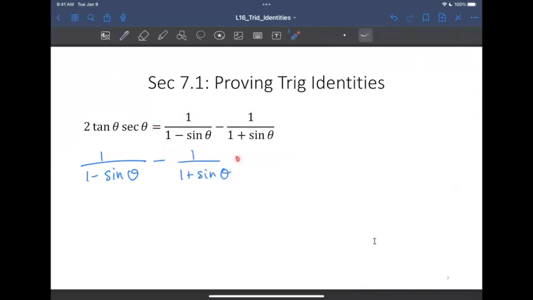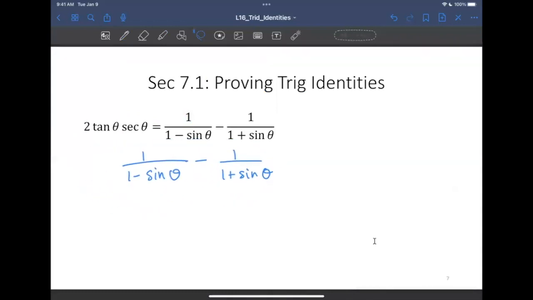So to combine these two expressions, I'm going to have like denominators, and to do that, I'm going to multiply by a special one. You'll see special ones are coming up a lot here. They are very useful when combining fractions. So for this first one, I'm going to multiply it by 1 plus sine theta over 1 plus sine theta. And then this one I'm going to multiply by 1 minus sine theta over 1 minus sine theta.